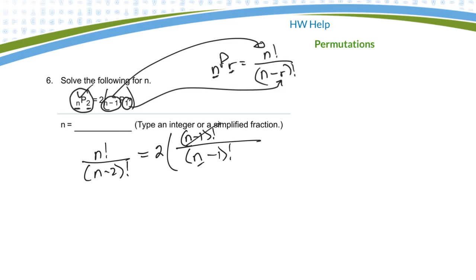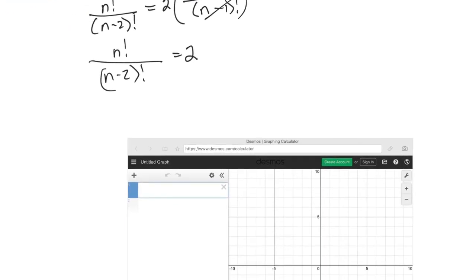Yeah. So these would actually cancel. So that would give me on the left side n factorial over n minus 2 factorial is equal to 2. Now I can simplify this a little bit, and it probably seems a little bit awkward. Get rid of this.